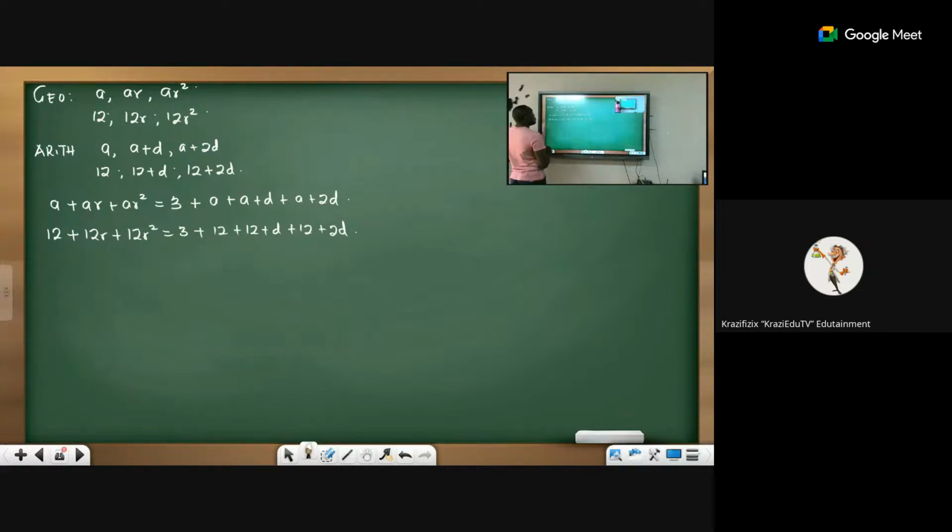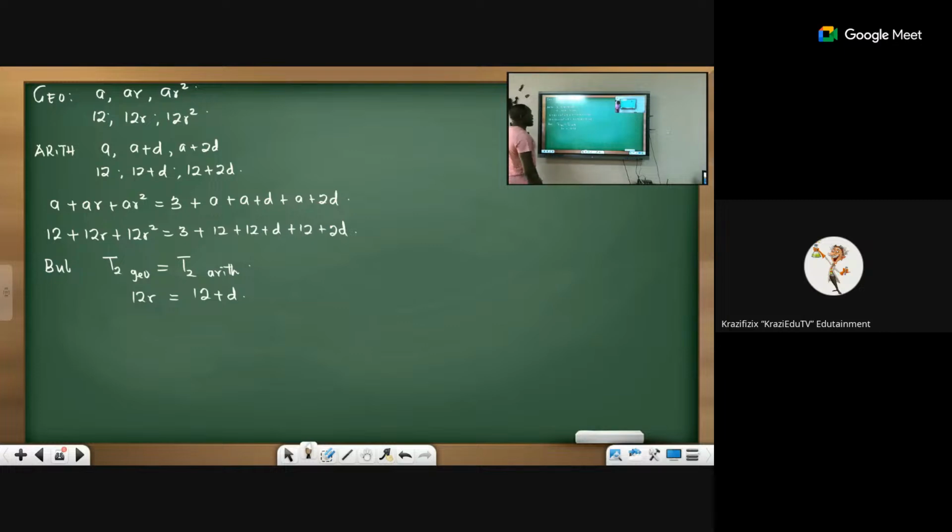Oh, so can I then say that T2 geo is the same as T2 arithmetic? What is the second term of the geo? 12R is the same as 12 plus D.